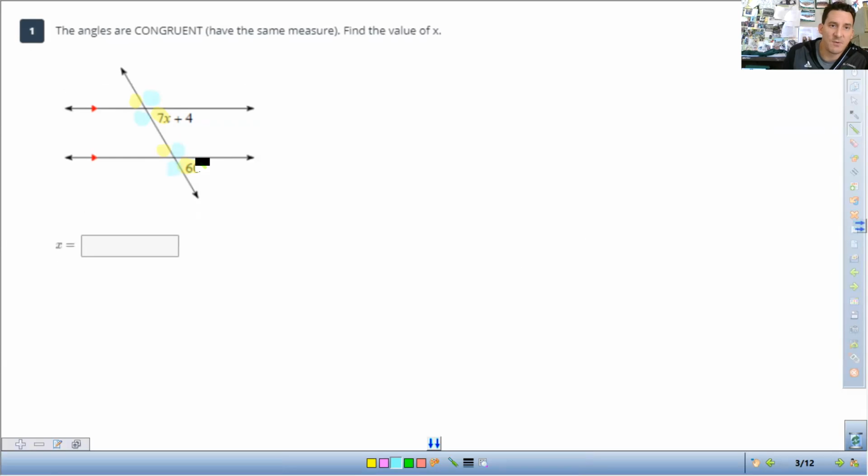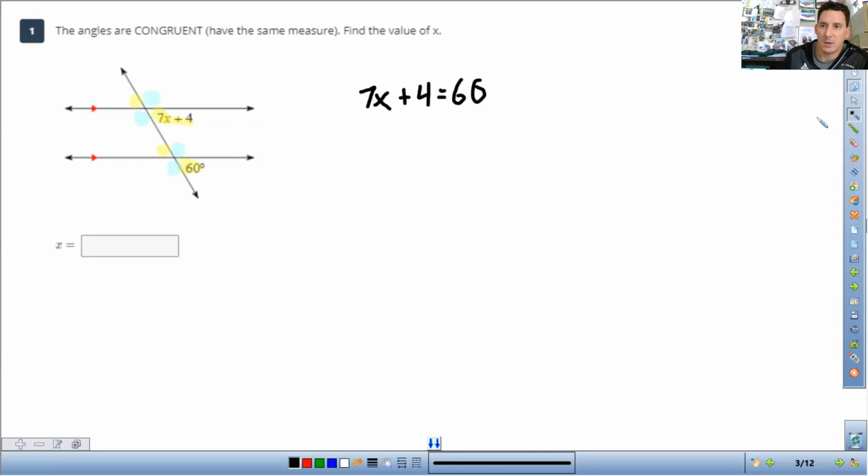Since the 7x plus 4 and the 60 are the same color, they are congruent. So when things are congruent, we just set them equal to each other.